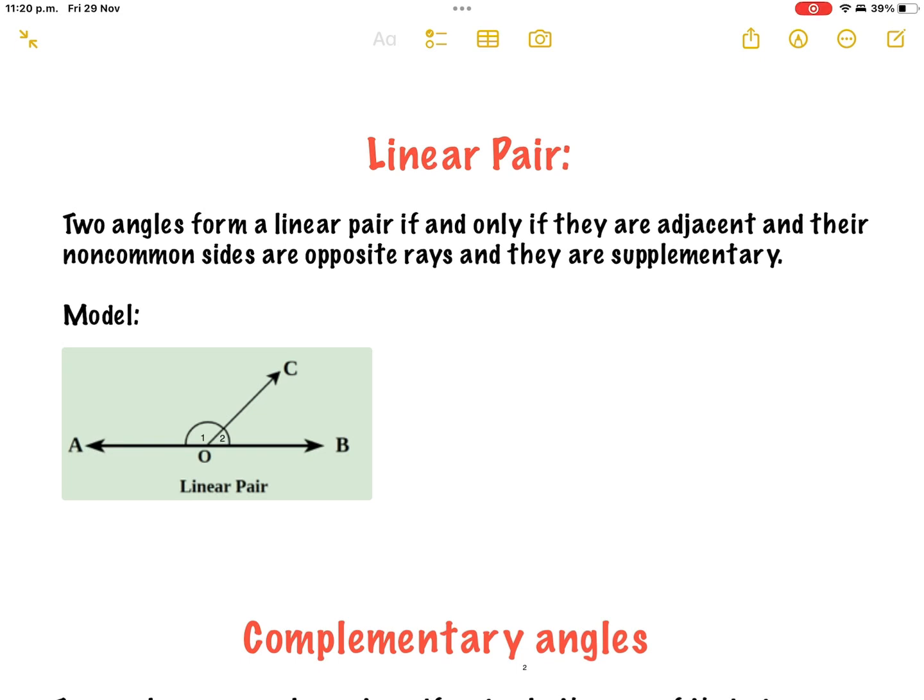We need to also remember that if two angles form a linear pair, like the line shown in the video that starts from the vertex and points there, those two angles are supplementary angles. We'll see those angles later in the video, but if they are together, apart from the linear pair forming adjacent angles, it forms supplementary angles.